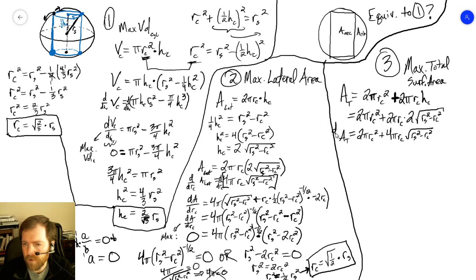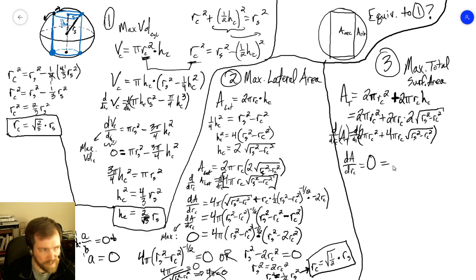And then we're going to do d/drc again of both the left and the right. Alright, so dA/drc needs to be 0 in order to maximize.